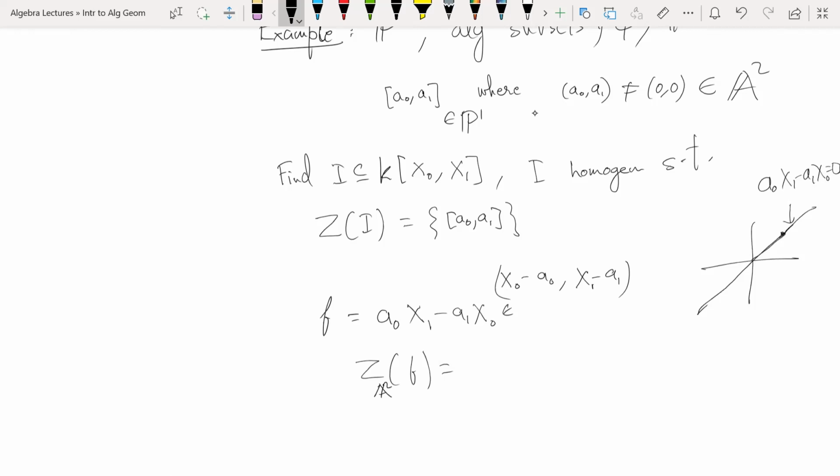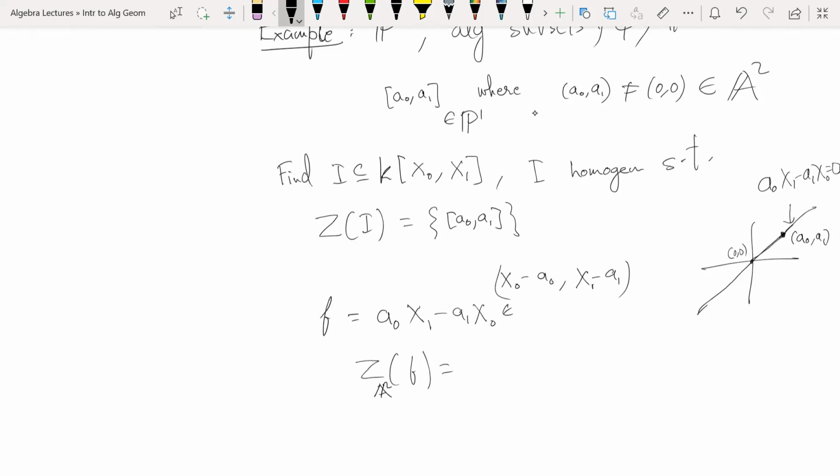It is a linear polynomial, so its zero locus is a line, and of course both the origin and this point are on that line, and there is only one line joining these two.